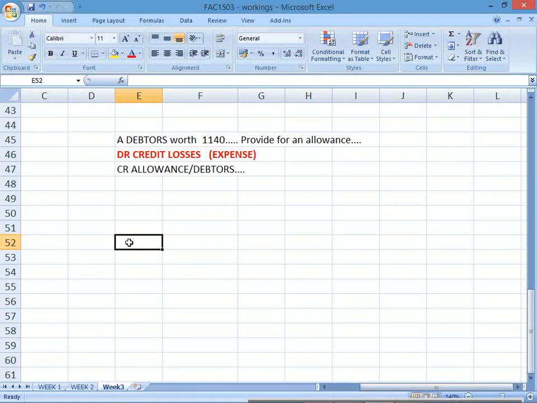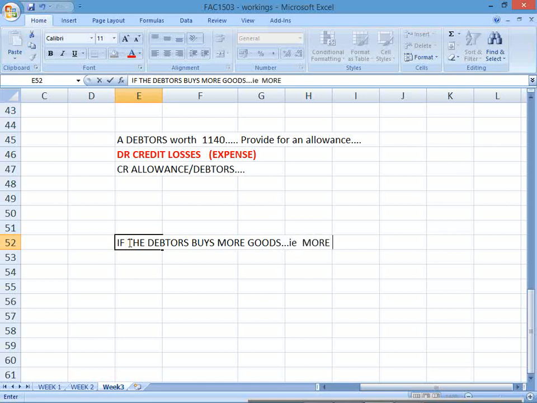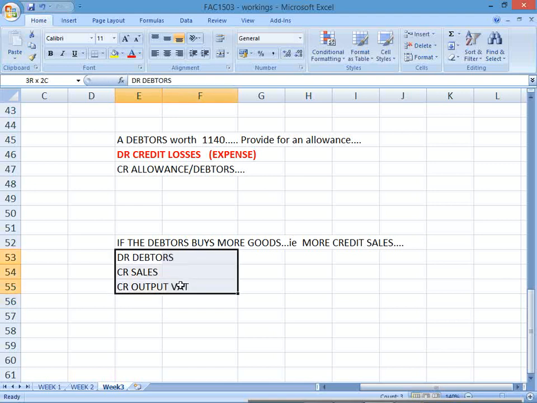So if the debtor buys more goods, i.e. more credit sales, what's the rule? Debit debtors, credit sales, credit output VAT. Do you guys agree with that? This occurs when a debtor buys more from the business.